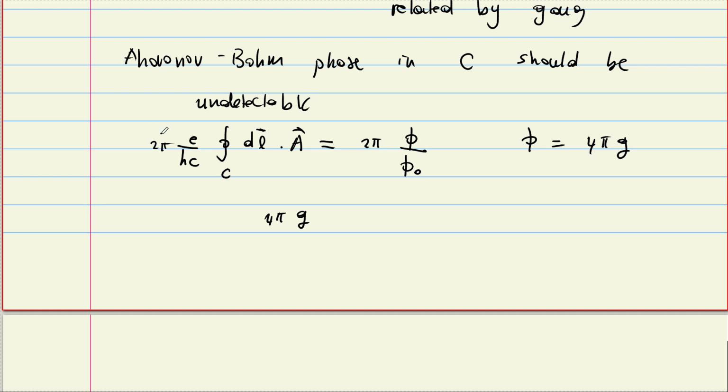So this thing is okay. I'm now writing this as 2 pi times 4 pi g over hc over e, right? So this is hc over e. I got this 4 pi. Okay, I see. So I cancel this one and this one. I put 4 pi g. So this is going to be equal to m, where m should be an integer.